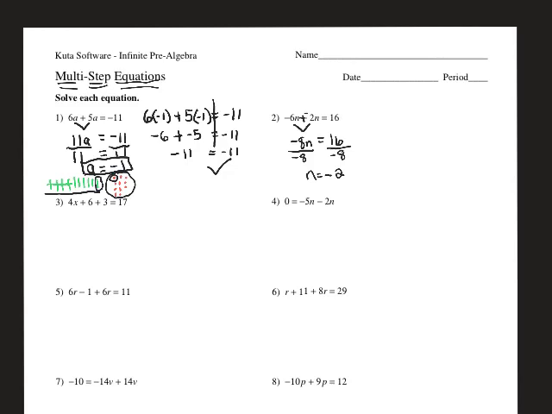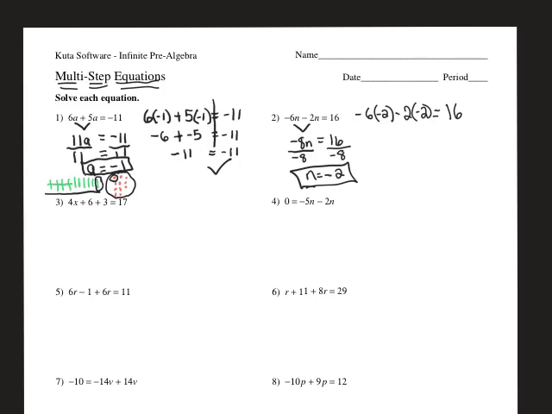So again, what does n equals negative 2 mean? It means that if I go back to the original problem, negative 6 times negative 2 minus 2 times negative 2. Remember, every time I see an n, I'm putting in my n equals negative 2, right? It equals 16. So if we've done our math correctly, the left side should all add up to be positive 16.